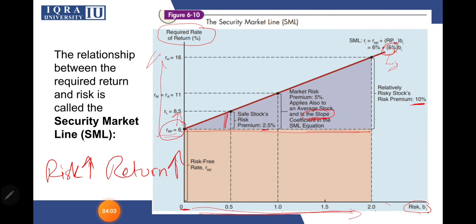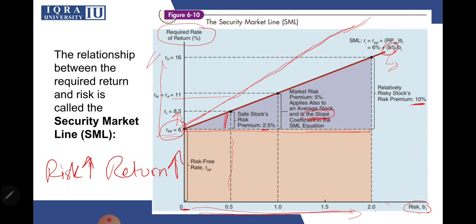And later on we will see that as risk aversion increases in the economy, what happens is that your SML becomes steeper. So the slope increases. When the slope increases, it means that your graph will become steeper. And when that is the case, then at each point a higher level of required rate will be needed.